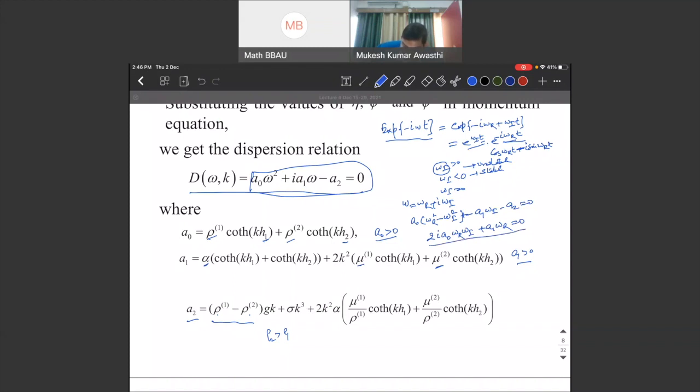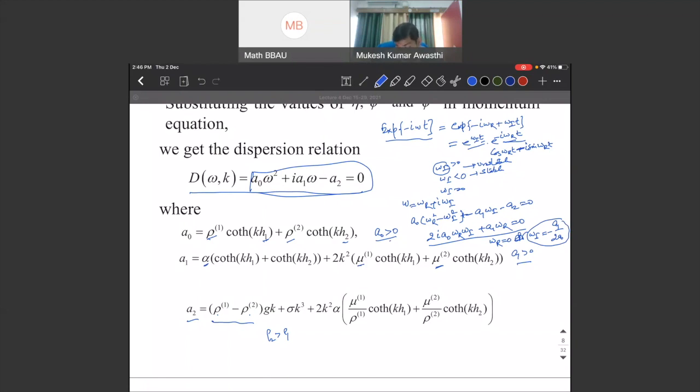From this second equation, we can calculate either omega r is 0 or omega I is minus a1 upon 2a naught. Now, as we already discussed that a naught and a1 both are positive, so this term means omega I is always negative, means system is always stable.